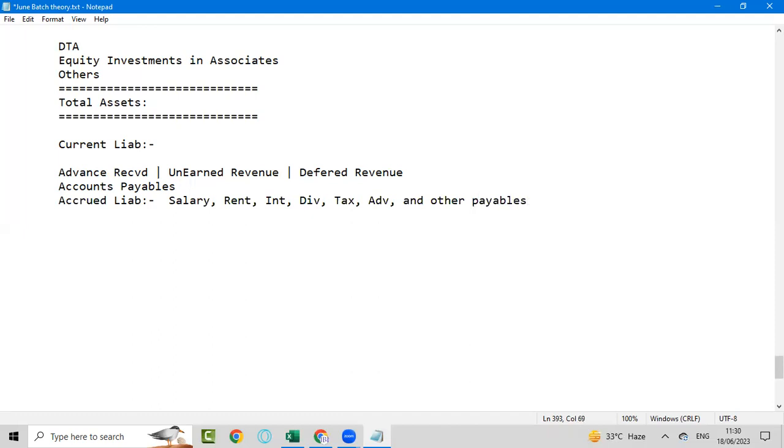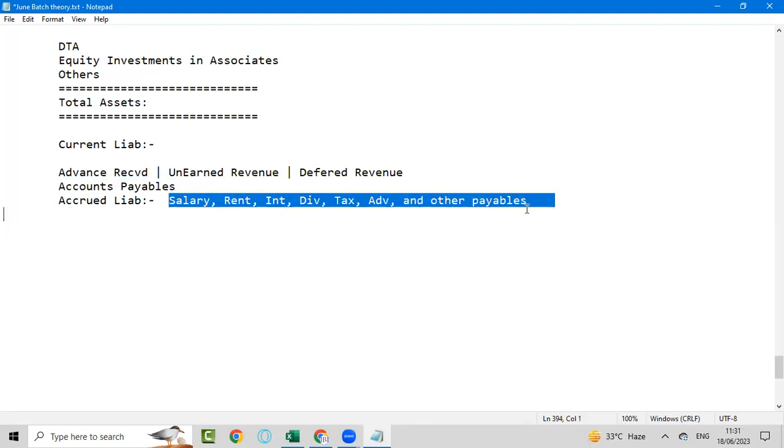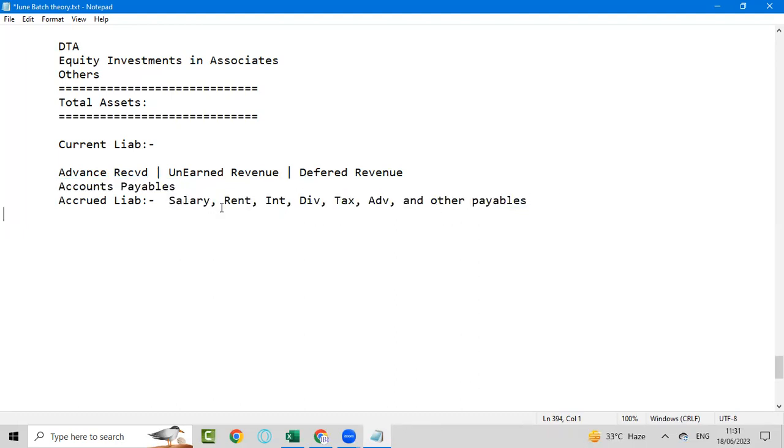All types of payable other than accounts payable, other than trade payables. Trade payables will be reported here, but the rest of the payables you can put in one line, or you can put some of them here and some of them you can show separately, like you can show dividend payable separately, interest payable separately. So it is your choice.